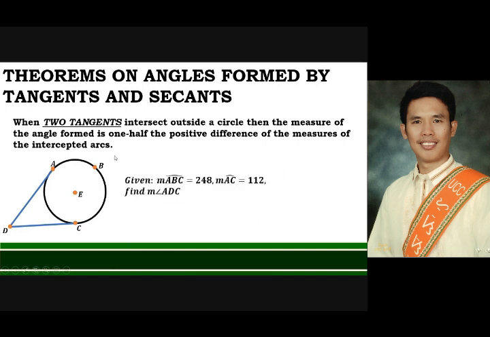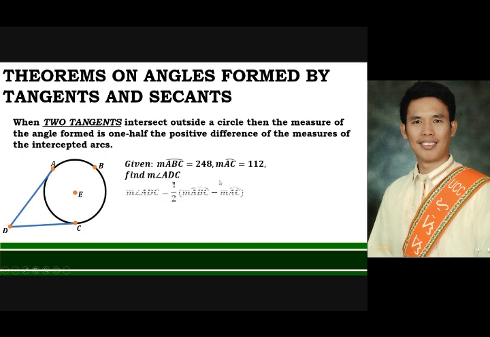For example, let's say arc ABC or the major arc measured 248 degrees and arc AC or your minor arc is 112 degrees. Let us try to find the degree measure of angle ABC. Sabi kanina from the concept, this is a half of positive difference ng dalawang arc na meron tayo.